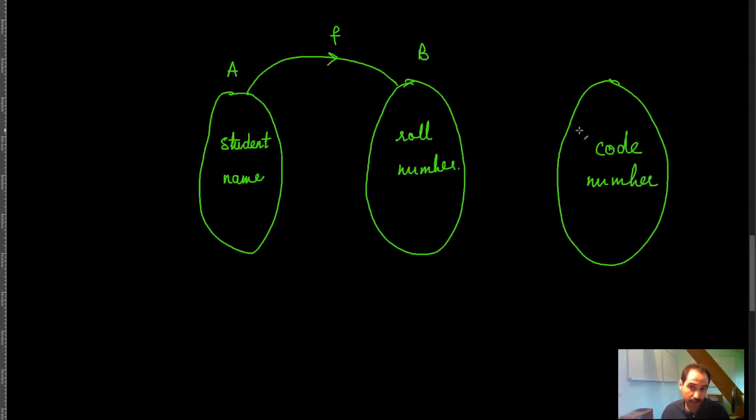The people that correct the papers will not see the roll number anymore. It's simply erased, right? And then what the board people will do is that through some other function g, for example, every roll number will be assigned to some code number.